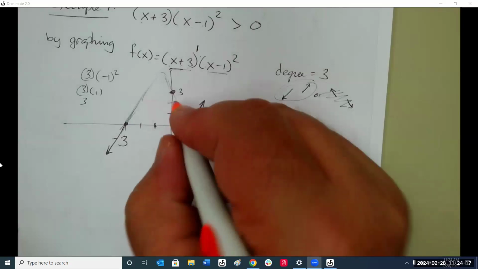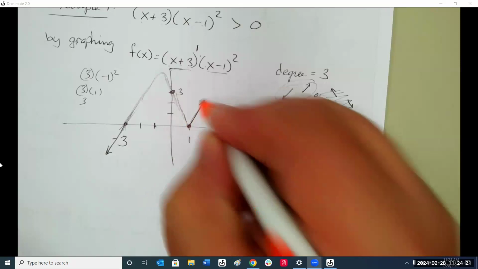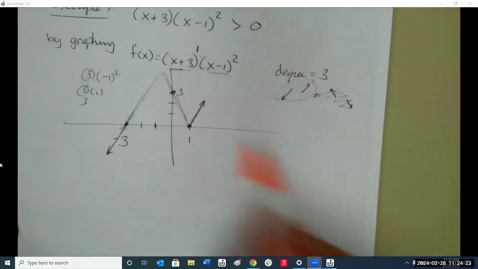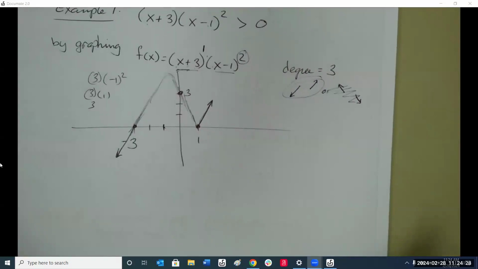At +1, do we cross or bounce? Has to be bounce, because we have to go back up. And it's also an even multiplicity. So what's our solution?